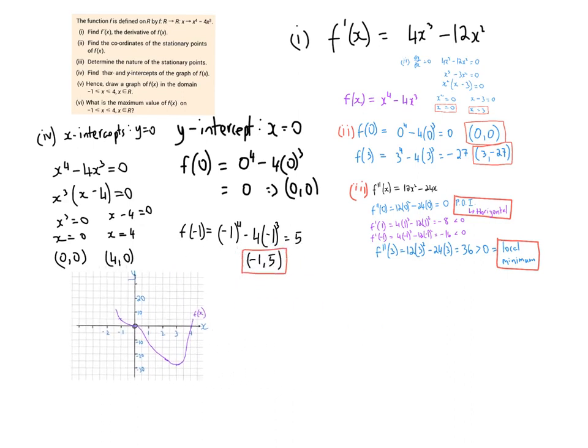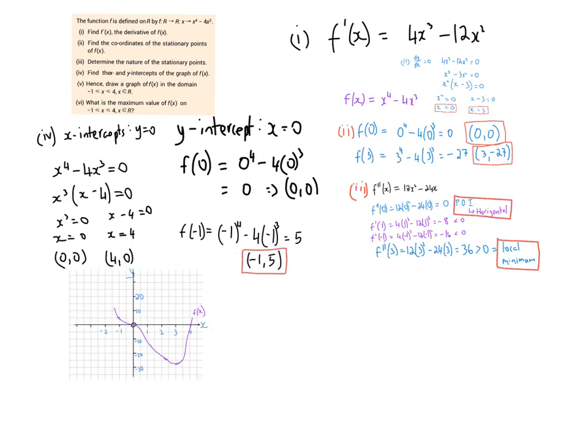So our max value of f of x where -1 is less than or equal to x is less than or equal to 4 is equal to 5. It's our y value at x equal to -1. Okay, so that question is finished.